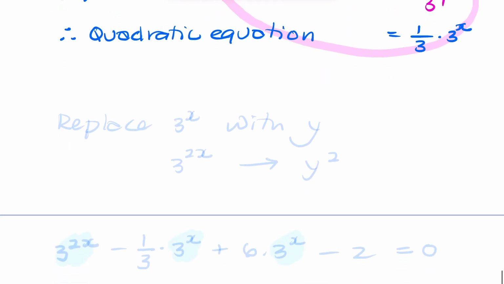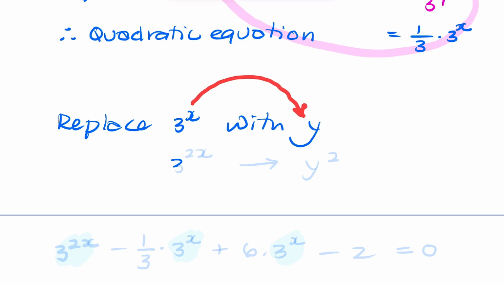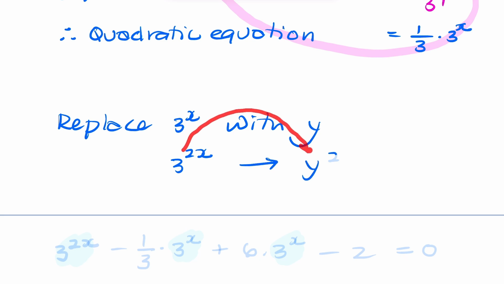So if I replace 3 to the power x with y, then 3 to the power 2x would be y squared.